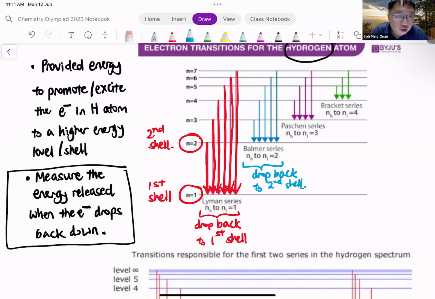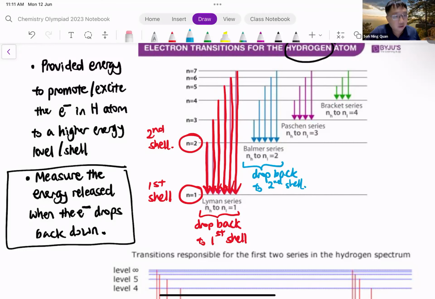Obviously, dropping back to the second shell involves less energy than dropping back to the first shell, right? More energy is released when it drops all the way down to the first shell, because the first shell has a lower energy level, the first shell is more stable. Okay? Now, obviously, you can have a different series when you drop it to the third shell, to the fourth shell. All right, so these all have a name.